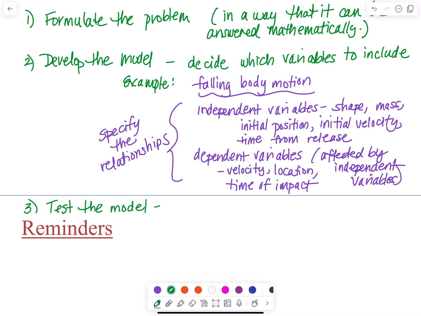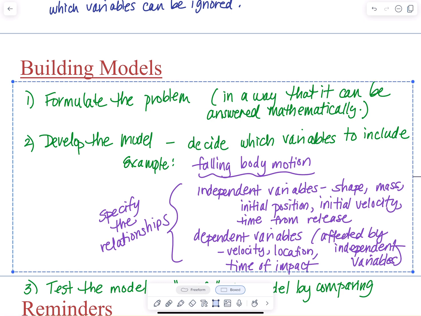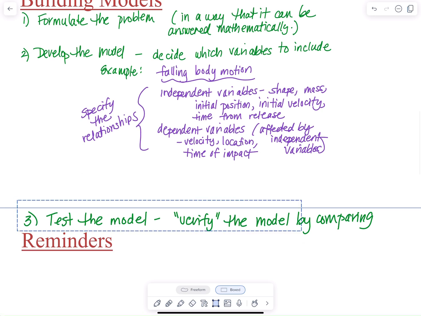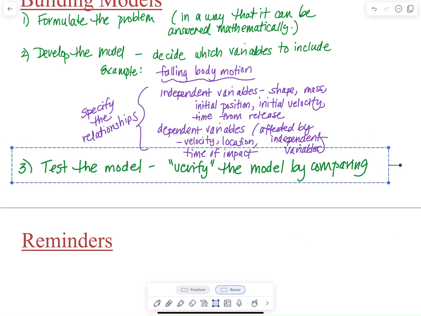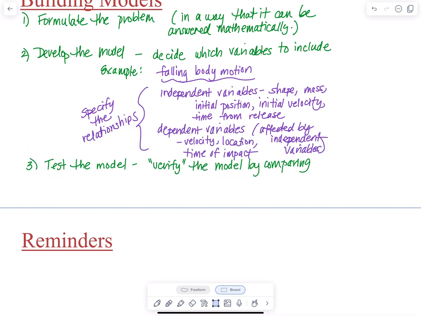And here, basically, we will verify the model by comparing its output with experimental data.